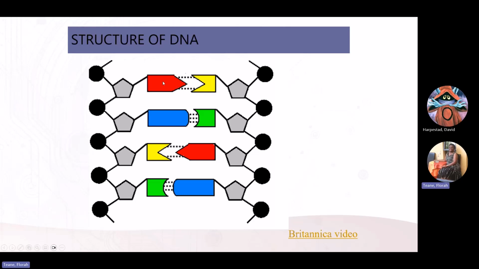If this red part is guanine, then the yellow part will be cytosine, and they will be held together by a weak hydrogen bond. Same applies this side. If the blue part is thymine, the green part will be adenine.